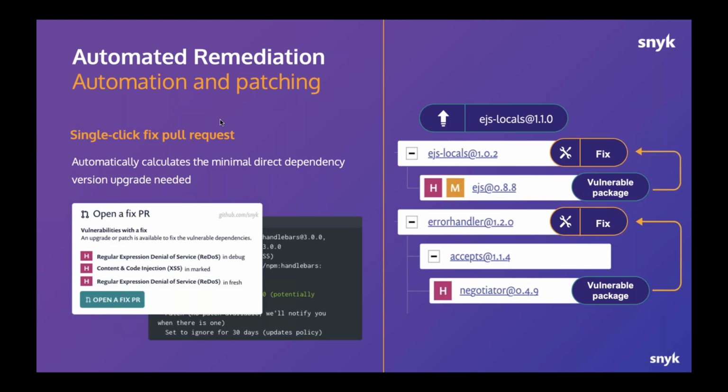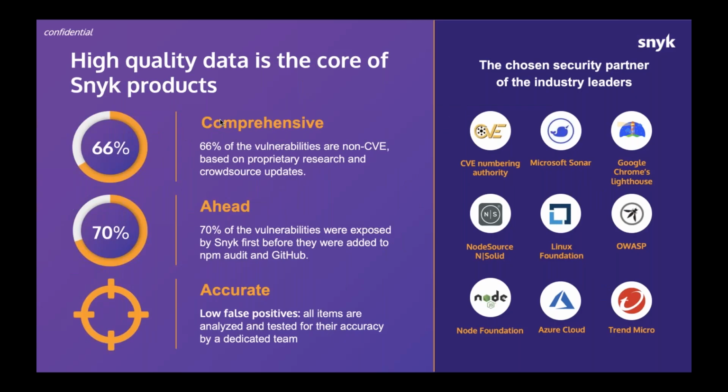So that's really how we're trying to be as proactive as possible, as integrated into the tools as possible, and as automating as possible. And lastly, which we said was around the database.